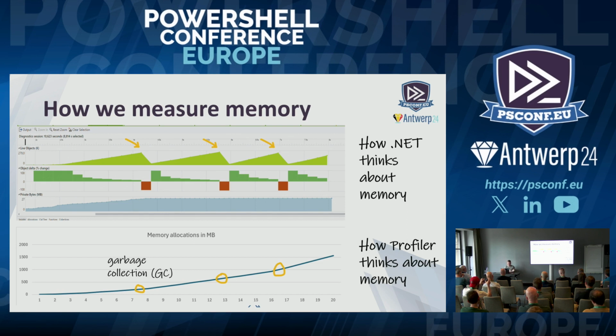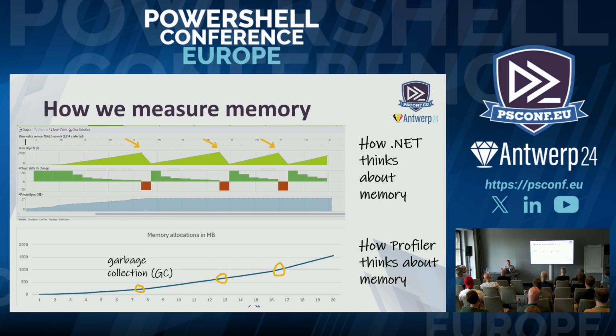Profiler measures. So this is what you would see in your normal task manager, and it doesn't look like anything serious. It's just 30 megabytes of memory. But this is what really happens. So we're using a .NET counter that is just adding and adding and adding and never goes back when there is garbage collection. There are multiple ways I could choose to represent this, but I chose this one because it is the most obvious once you understand it.